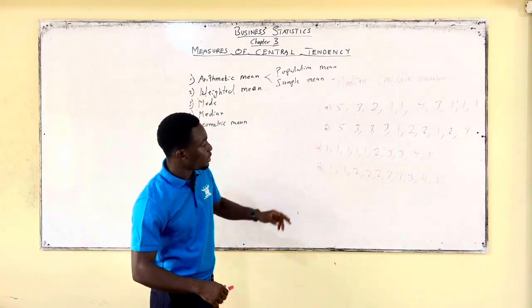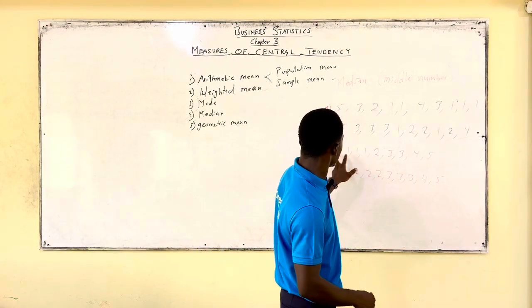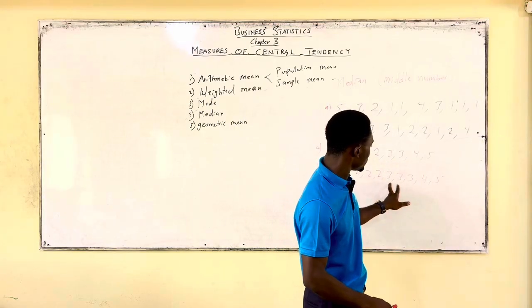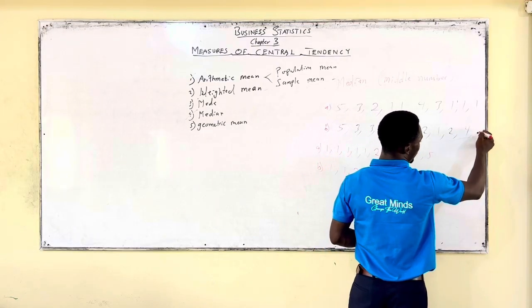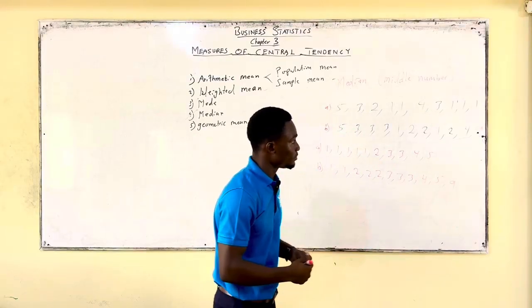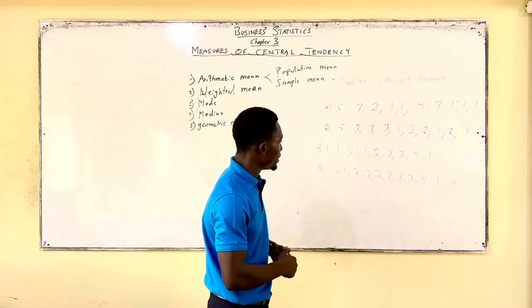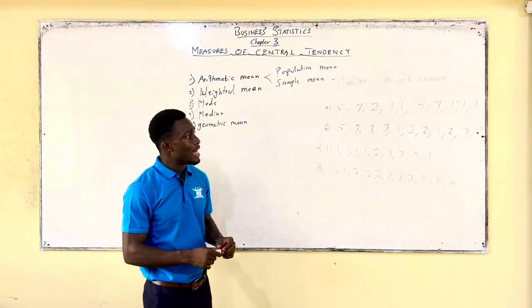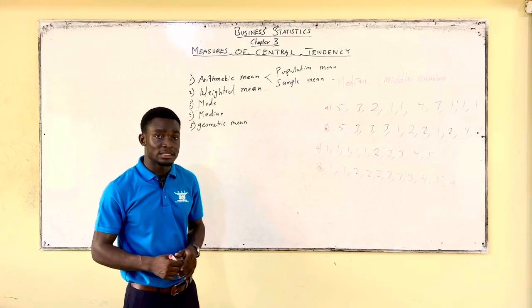Okay, let's see: 2, 4, 6, 8, 10. Let me add 9 to this. So here we have 11 numbers. Here we have 10 numbers. This is how you find a median in any given data.